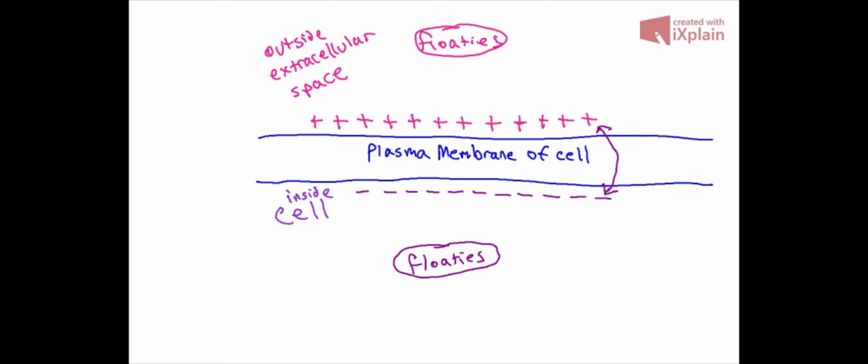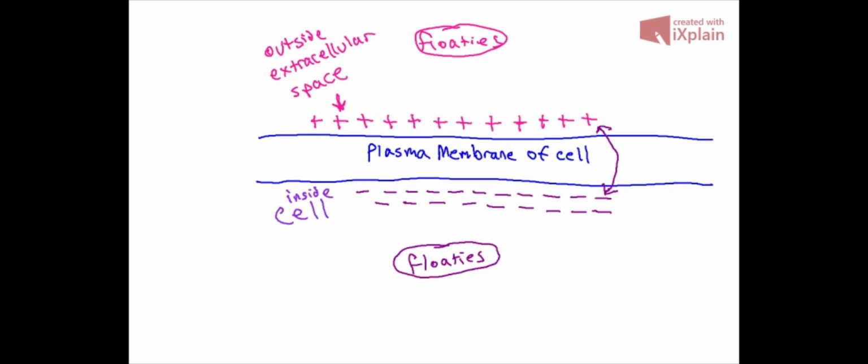So they sort of attract each other and line up on either side of the membrane. But the thing is that inside the cell has a lot more negative ions and a negative charge than the outside of the cell in the extracellular space.